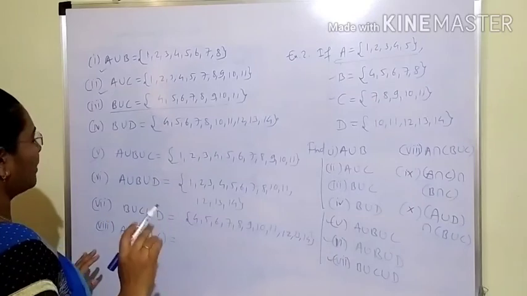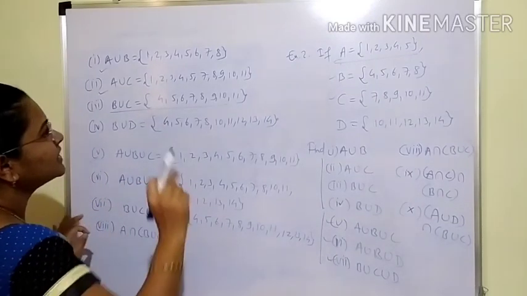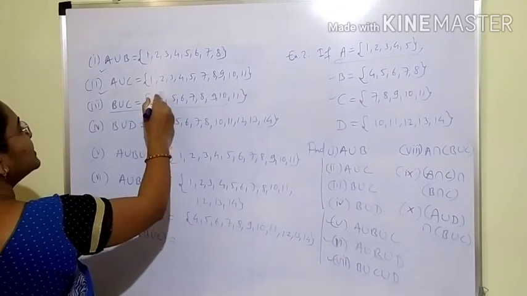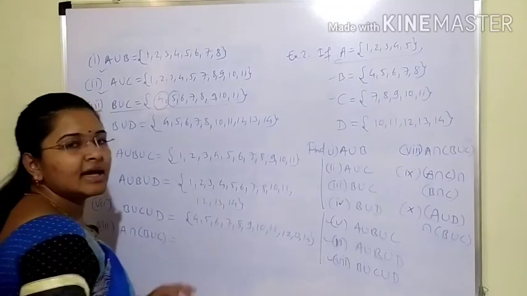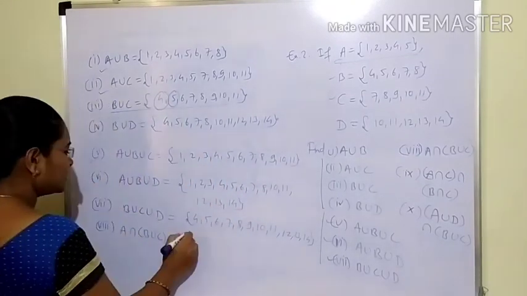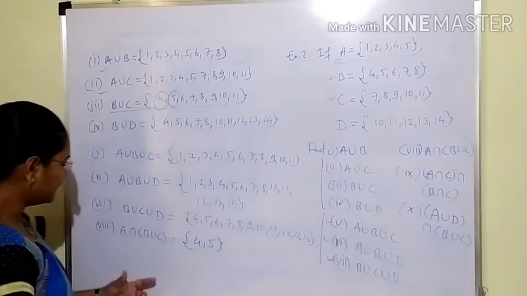We have to write common elements from both the sets. A has 1, 2, 3, 4, 5 and here 4, 5 is there. So what are the common elements in A and B union C? Only 4 and 5. So this set will have 4 and 5 as its elements.